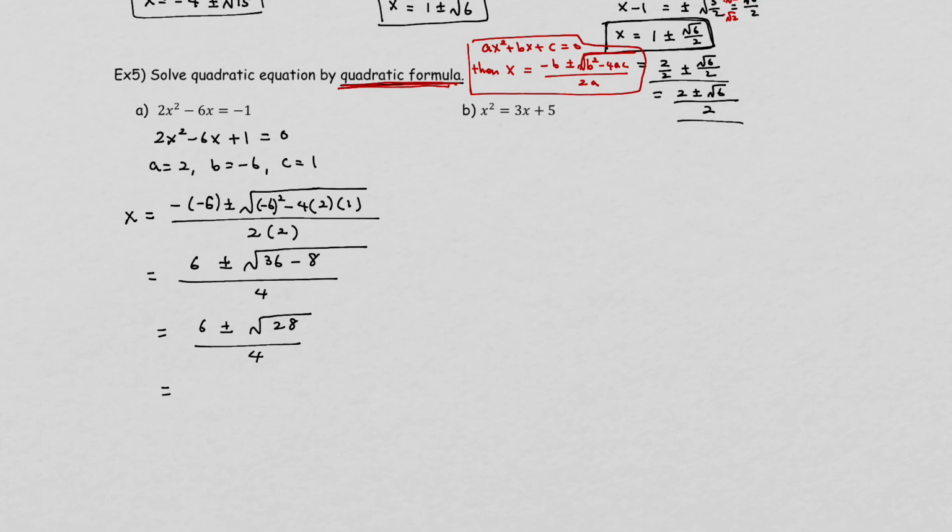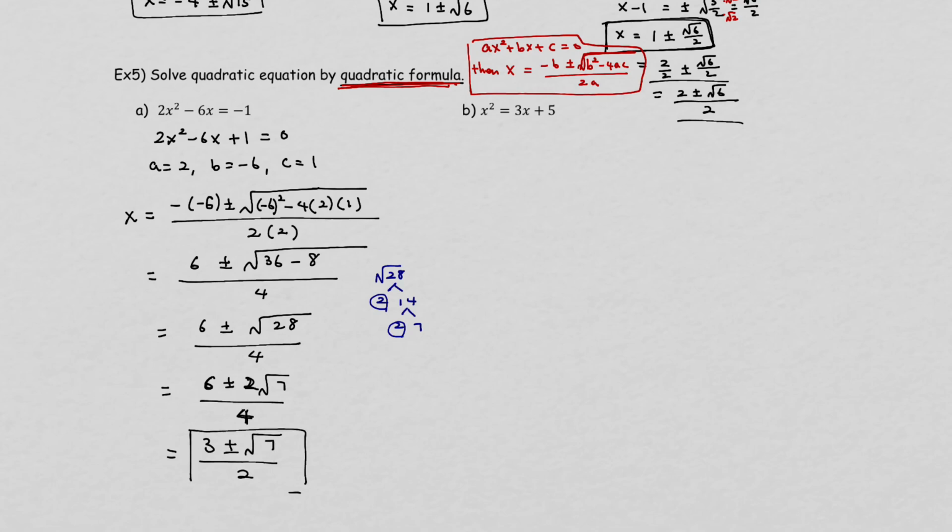Square root of 28, you can simplify again: 2 times 14, 2 times 7. So 2 of the same number, so it will be 2 square root of 7 over 4. You see the common factor 2 here, here, and here. So it will be 3 plus or minus square root of 7 over 2, which is the simplest form of your solution.